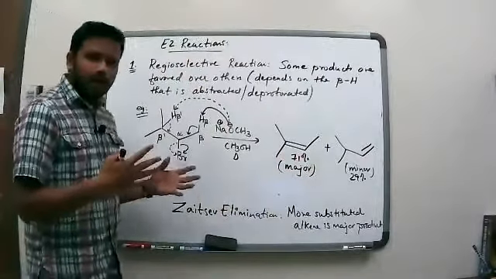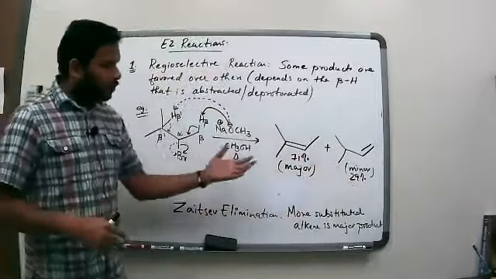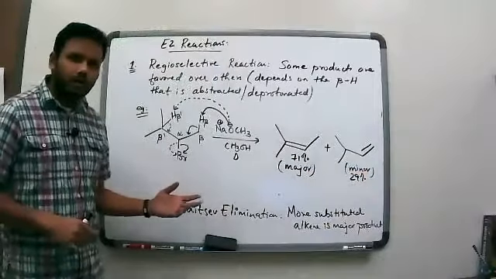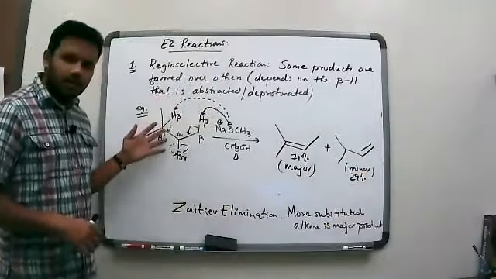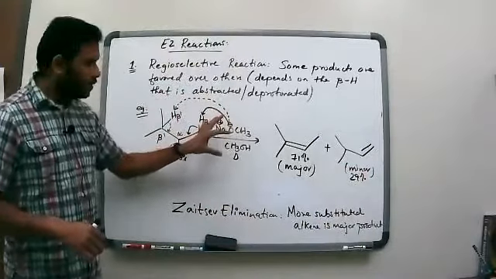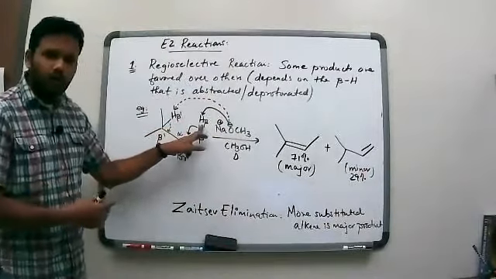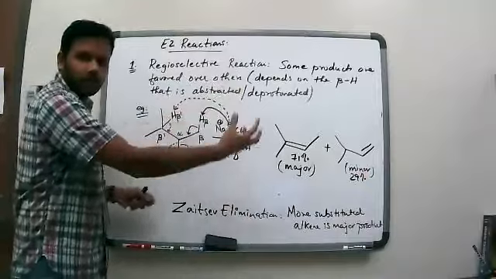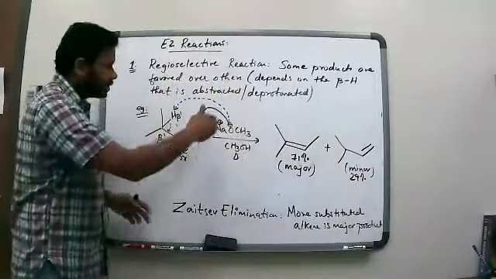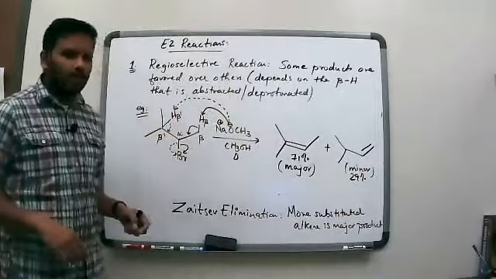So if I want to make more of this less substituted alkene as a product, what I want the base to do is to remove H beta more times than it removes H beta prime, because right now it is removing H beta prime more often than it removes H beta.